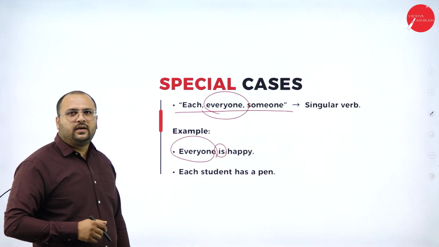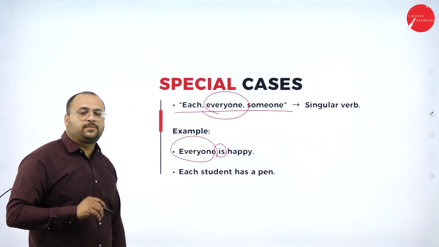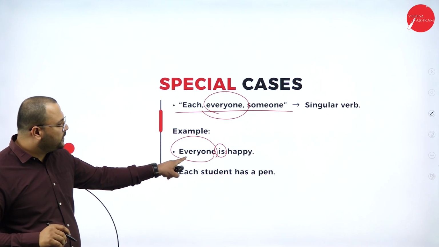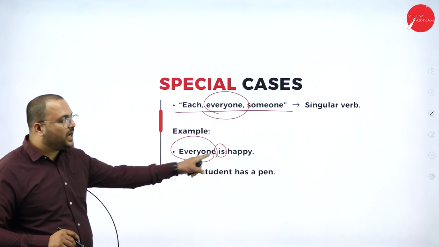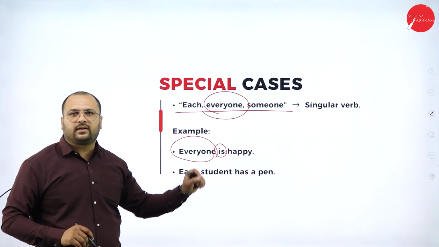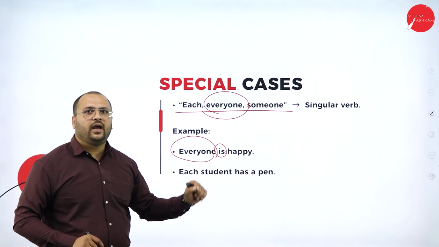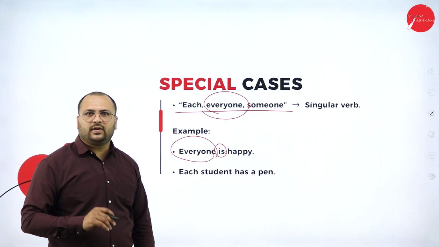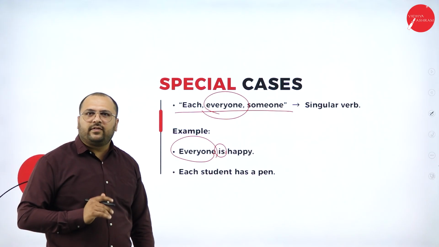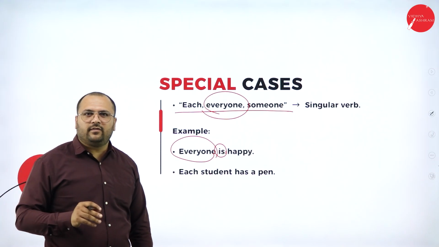Everyone is. If you observe your friends speaking, whenever they use this word everyone, they say everyone are happy. That's grammatically wrong. You have to say everyone is happy, everyone is doing their job, everyone is listening, everyone was there. It is not everyone were there.